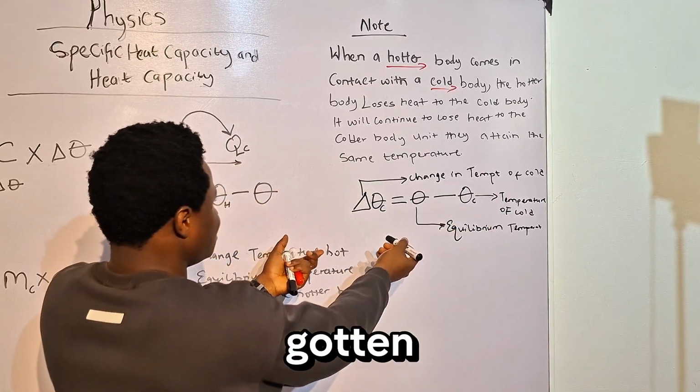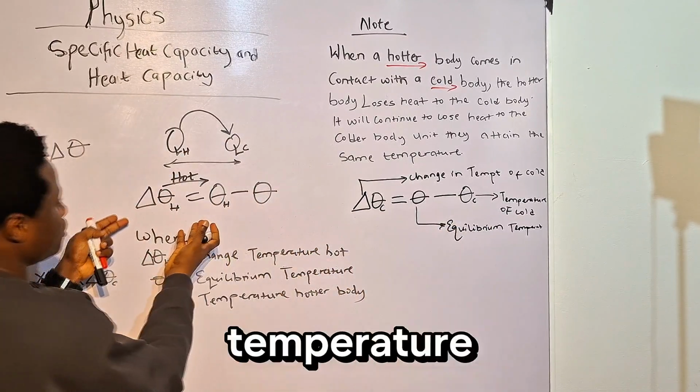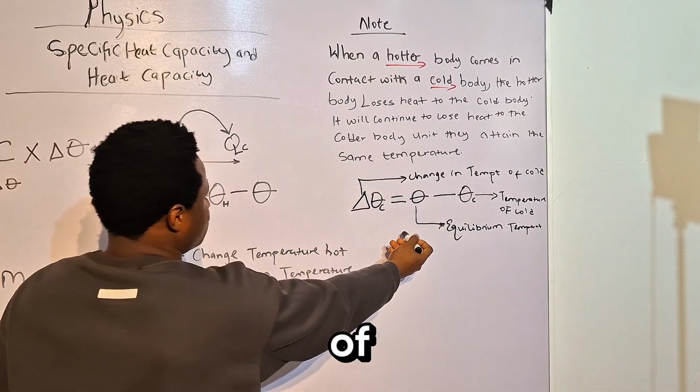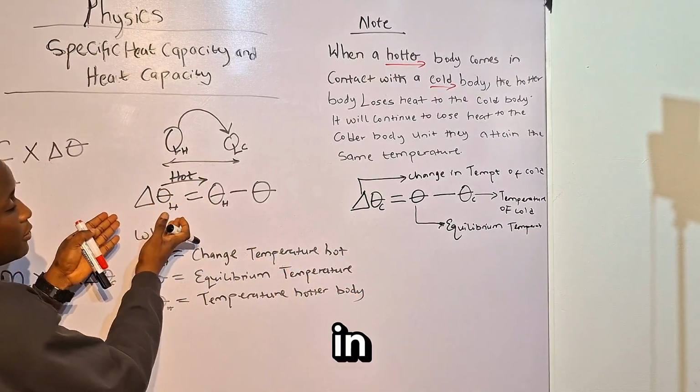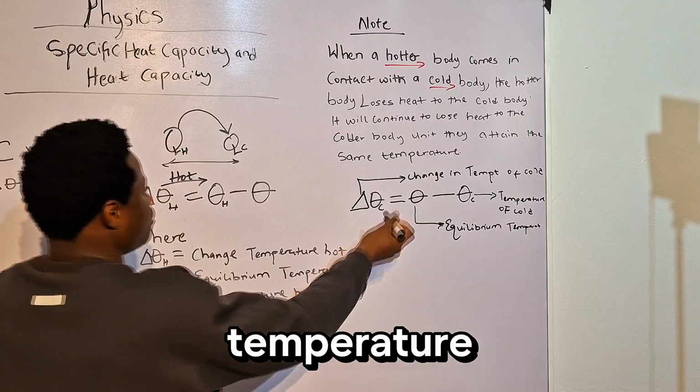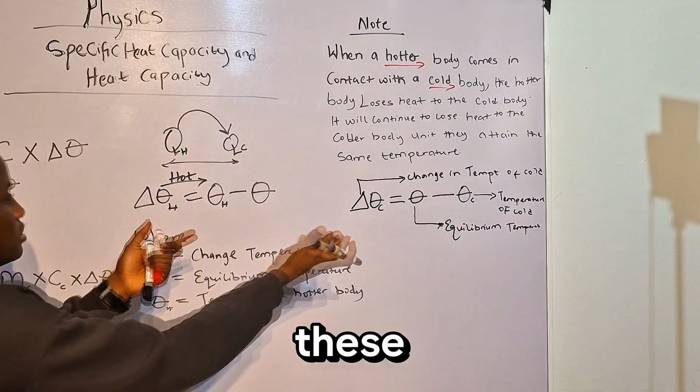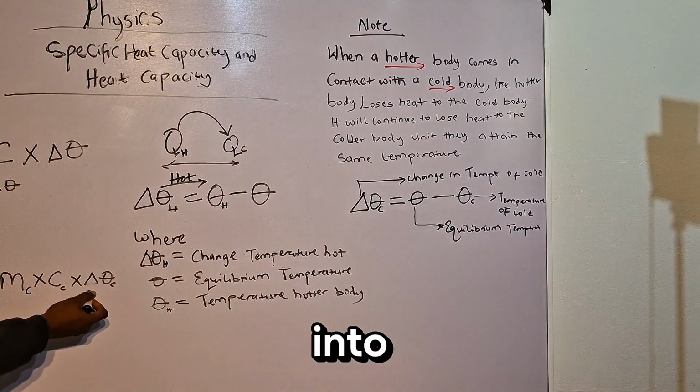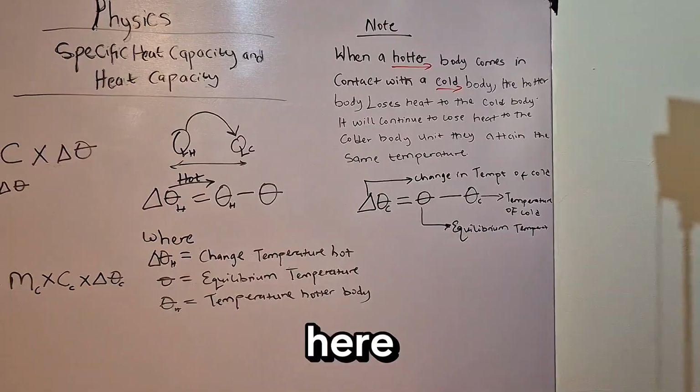So now, since we have gotten this, this is for the temperature of the hotter body, and this is the temperature of the colder body. The change in temperature of the hotter body and the change in temperature of the colder body. Taking these two, we can substitute them into this equation we have here.